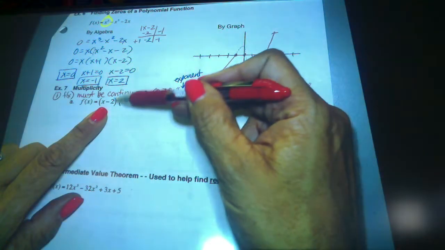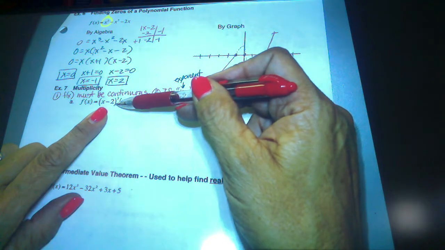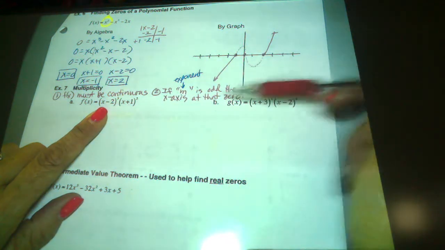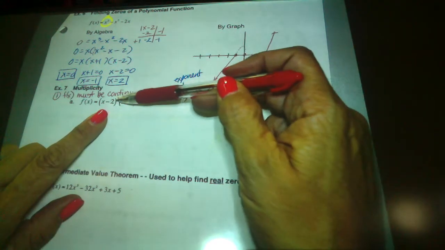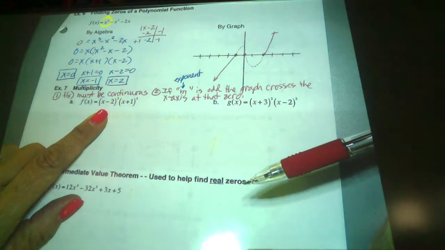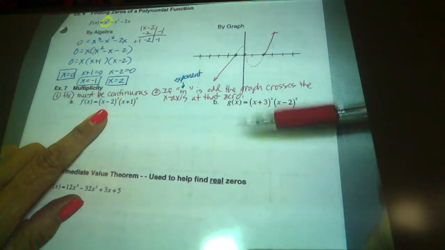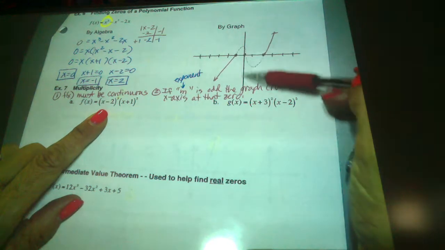The exponent tells you the multiplicity. So the multiplicity of this particular binomial is a 3. That 3 is odd. So I know at x equals 2 that this graph crosses the x-axis at x equals 2. The reason why that's important is sometimes at these zeros, doesn't the graph just kiss it and come back down?